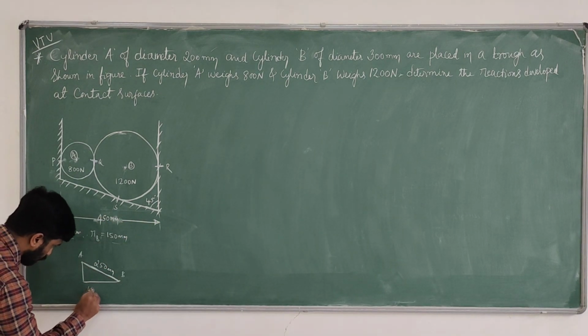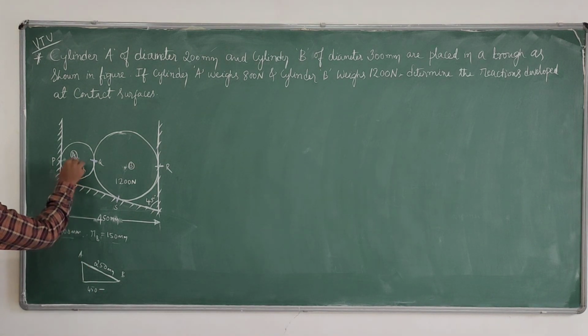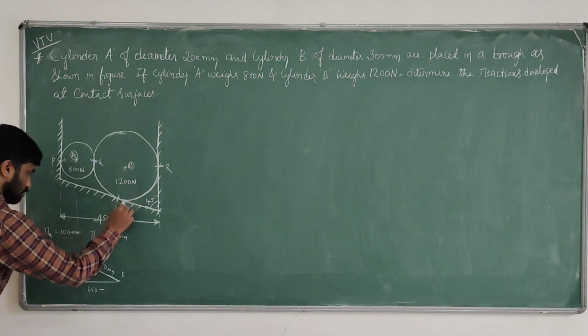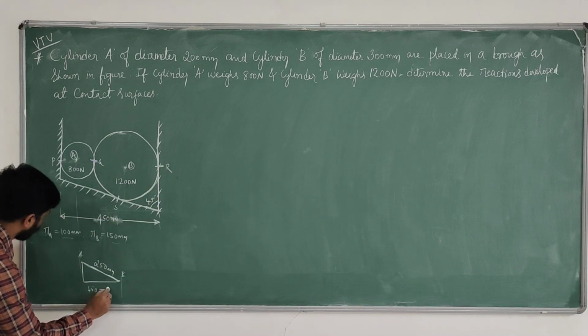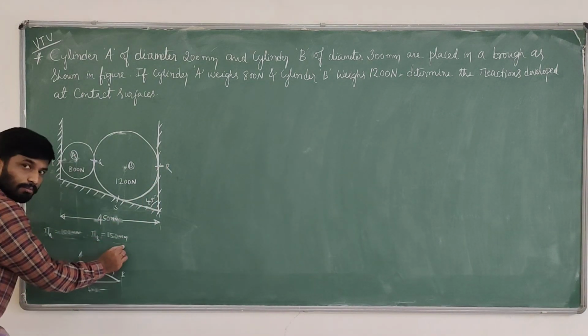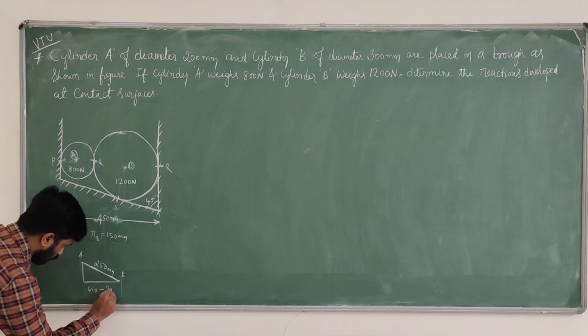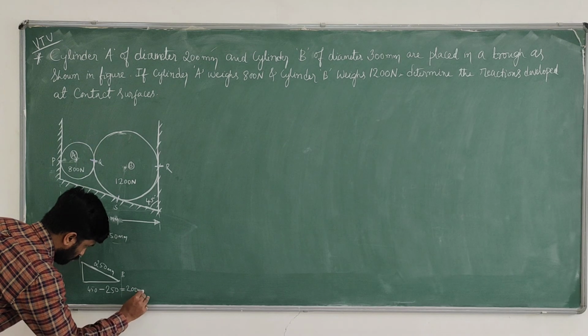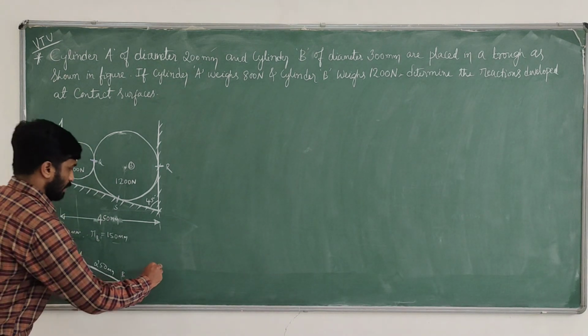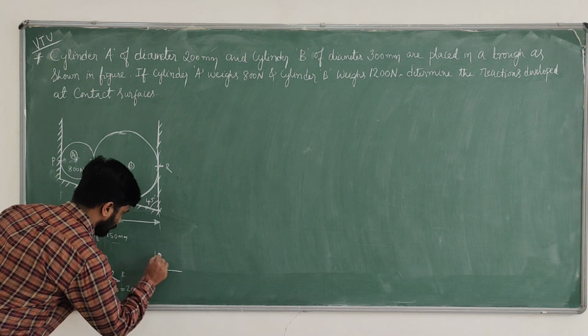I want only this much, so 450 minus RA minus RB, that is 450 minus 100 minus 150, so 450 minus 250 will become 200 mm.